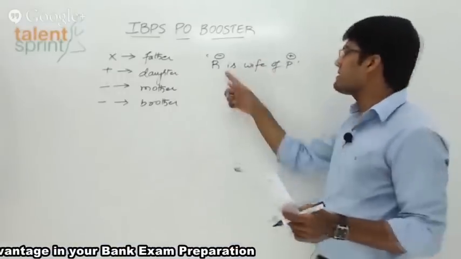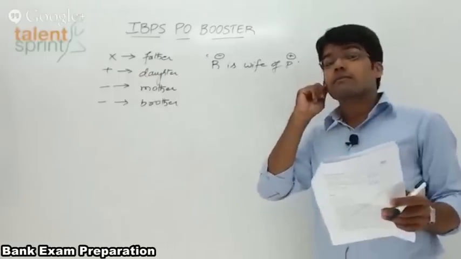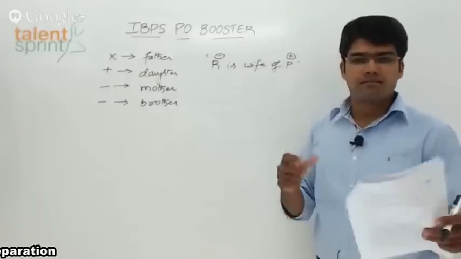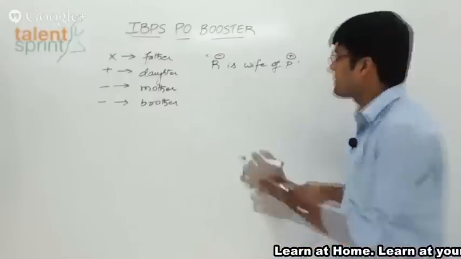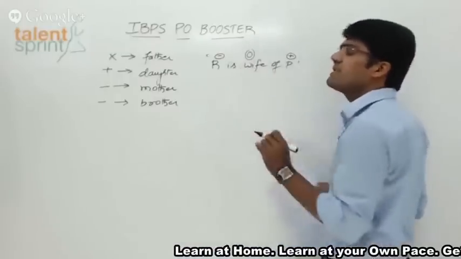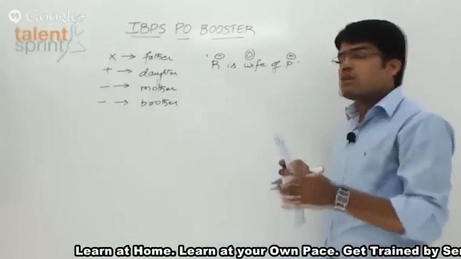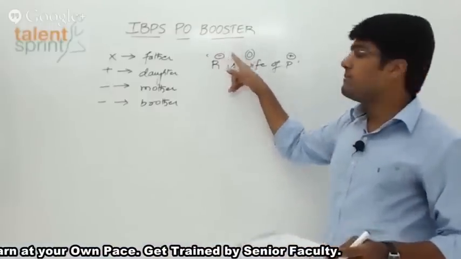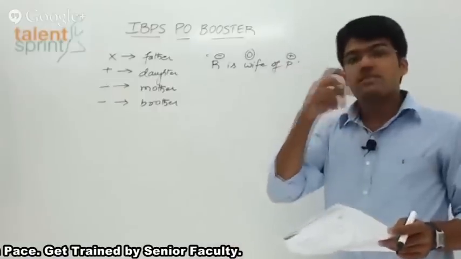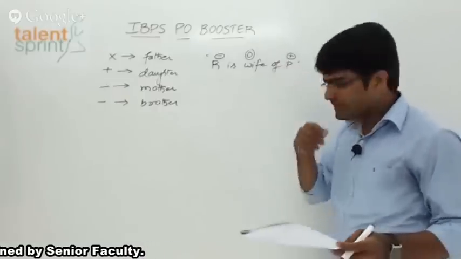Generation gap: how much is the generation gap between R and P? 0. Husband and wife, that's a married couple, a pair. So generation gap will be 0. Keep these two things in mind. The correct answer should have R's gender as female, and between R and P the generation gap should be 0.